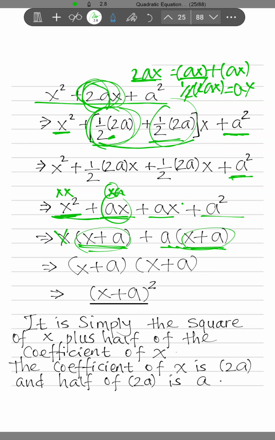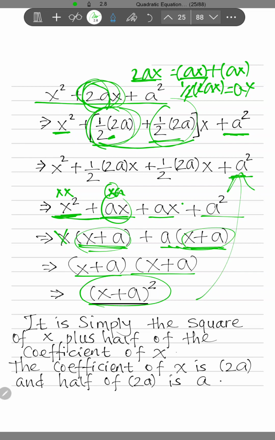Technical factorization can give you two different factors, but here completing the square will give you identical factors. Any x's value will be kept on the other side, which will be explained shortly. So here, x plus a and x plus a, which is x plus a the whole square.